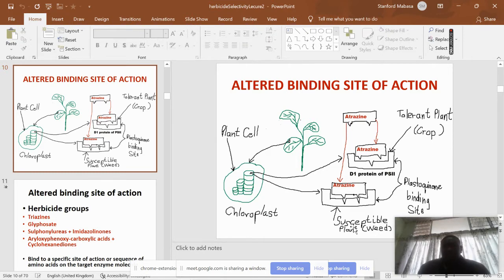So in the following examples, this is the concept which I am going to explore. Binding results in killing of the plant. Lack of binding, then there's tolerance or selectivity.